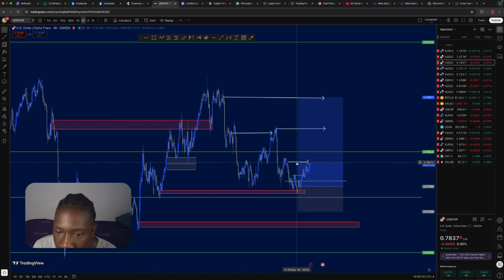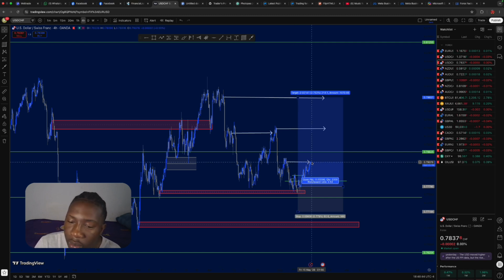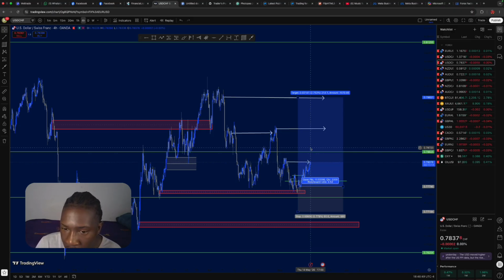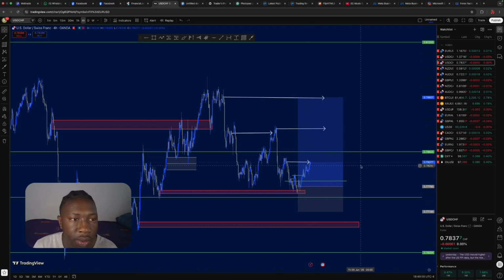If the market reached this supply zone, we will see if it is going to return to the downside, but it is maybe going to move to the upside and then return to that supply zone and then retest it and continue moving upward. So yeah, this is it for USD Swiss franc.